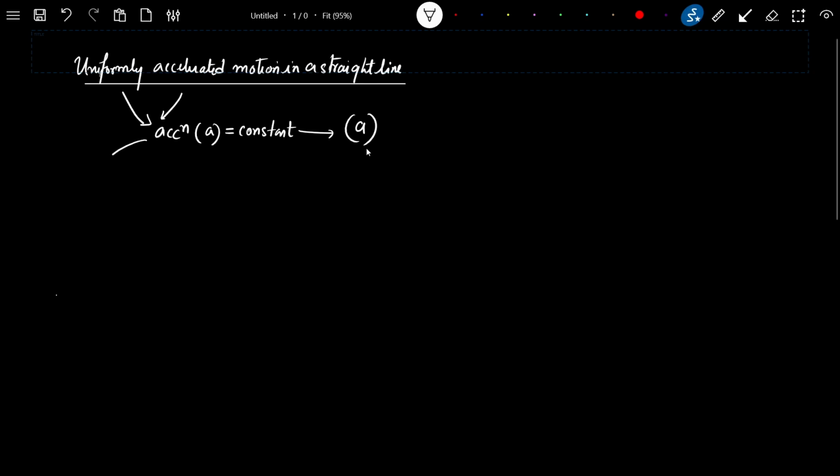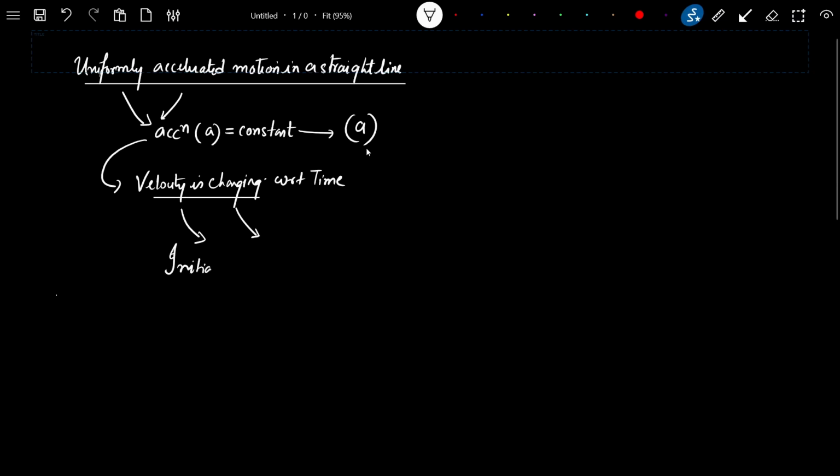Now since there is acceleration, you should have the velocity changing with respect to time. So pick the word velocity is changing. That means you should have two identities for velocity.